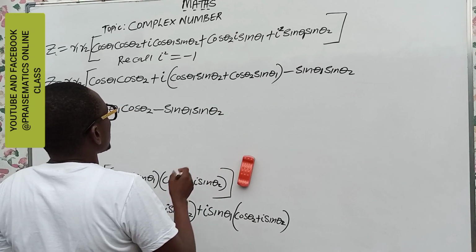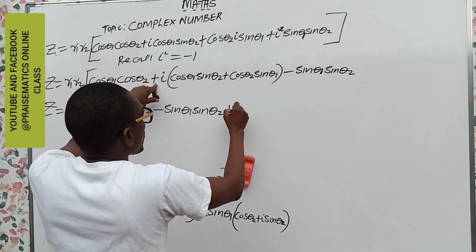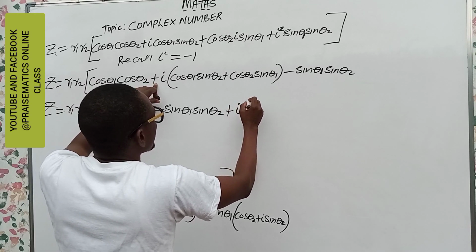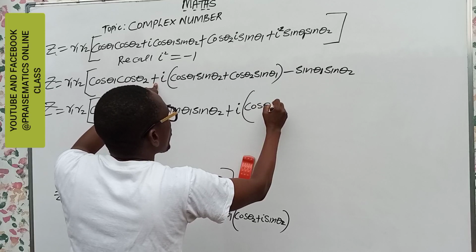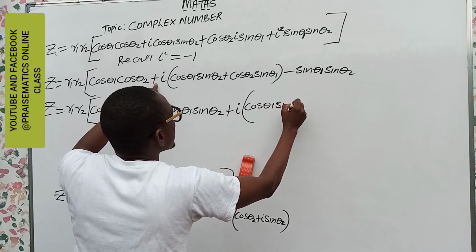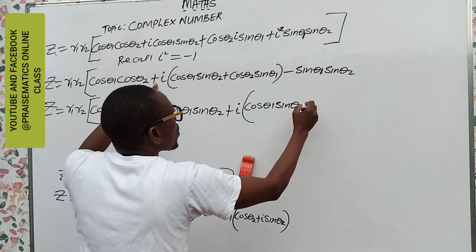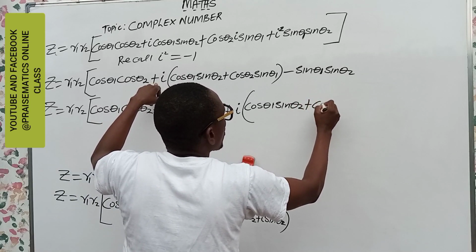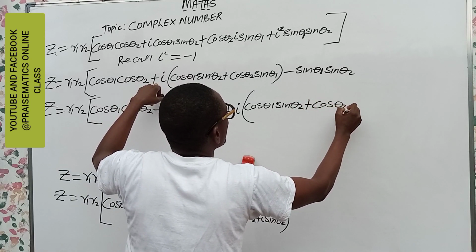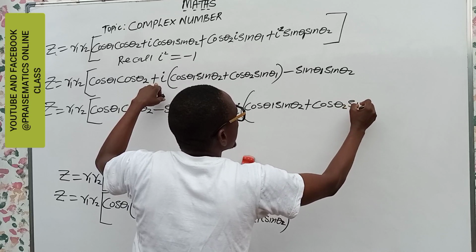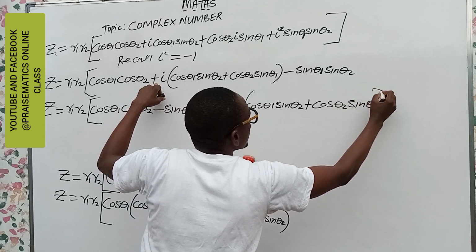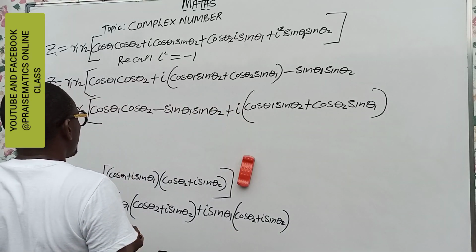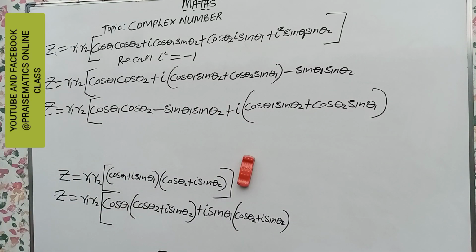Okay, that is in plus i into cos theta 1 sin theta 2 plus cos theta 2 sin theta 1. Close it. Okay, that is it.